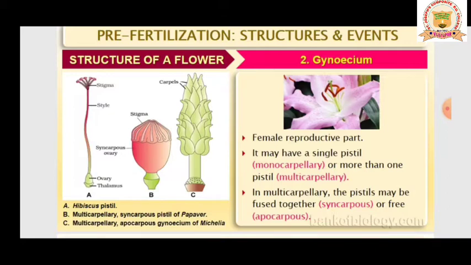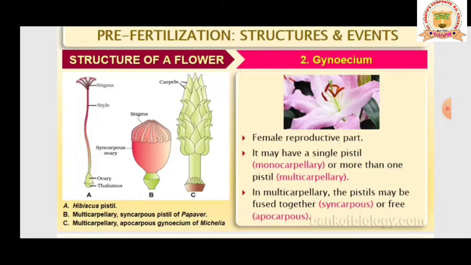If the gynoecium consists of a single pistil, we call it monocarpellary, and if it consists of more than one pistil, it is termed multicarpellary. In multicarpellary, the pistils may be fused together, a condition we call syncarpous, or free, apocarpous.